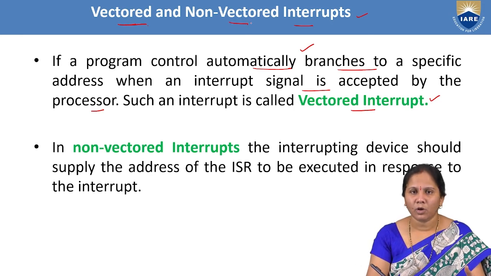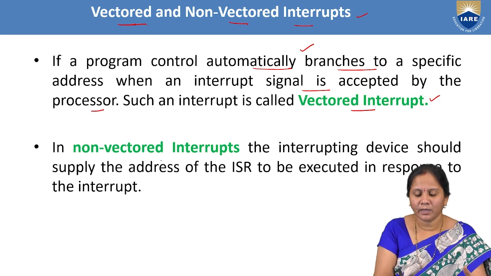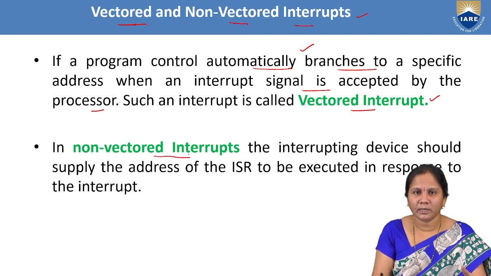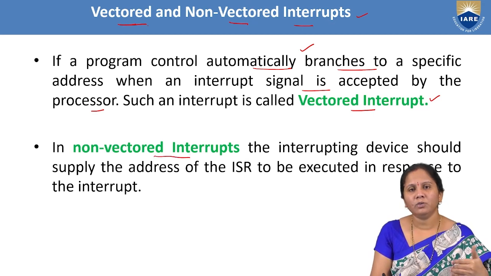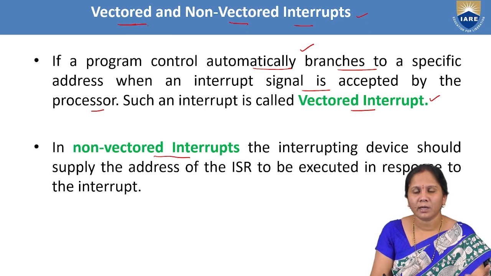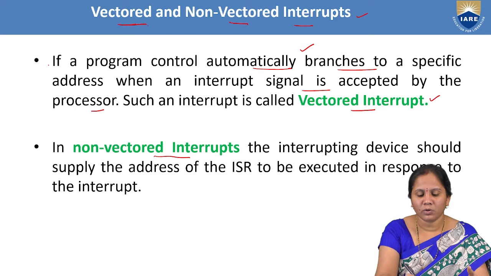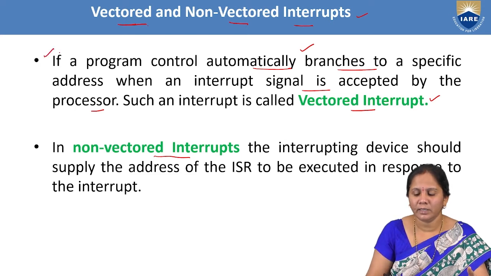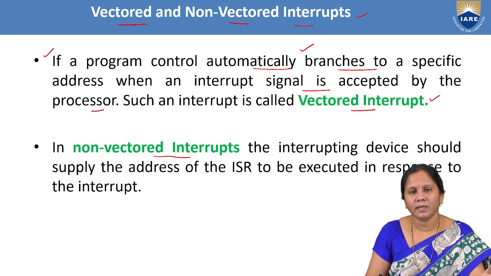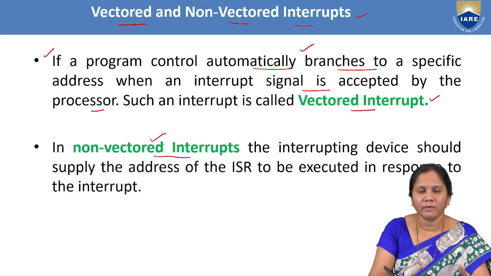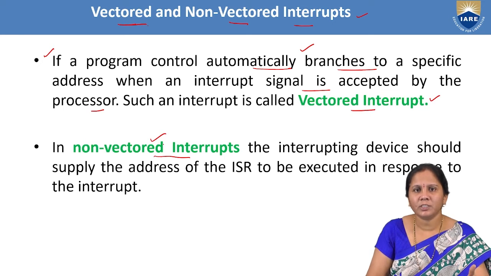And coming to non-vectored interrupts, this means that in order to execute that ISR, the address must be provided. In vectored interrupts, there is no need to provide the address, it will automatically branch. But in a non-vectored interrupt, in order to branch to that particular location, the address must be provided.